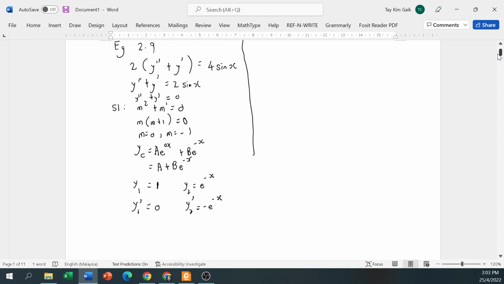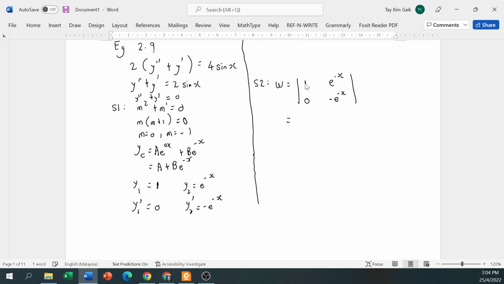Okay, I put it here. Let's say your step 2, finding your Wronskian W, which is y1 is 1, y1 prime is 0, y2 is exponent -x, y2 prime is negative exponent -x.